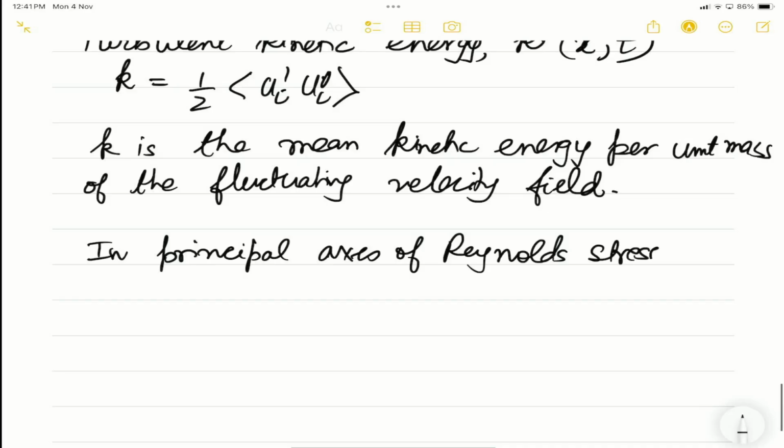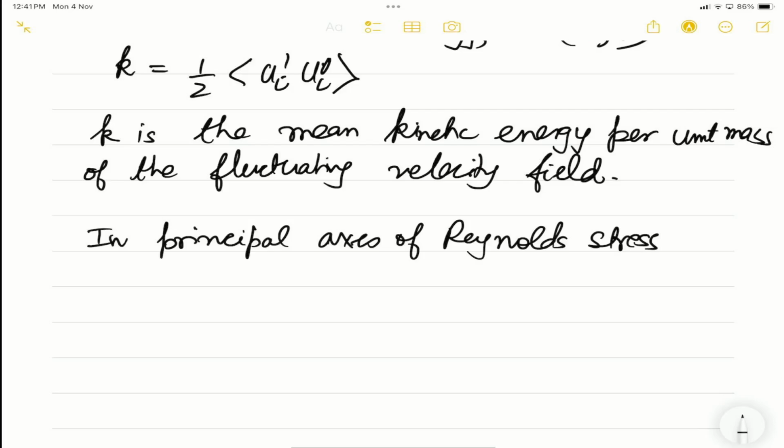So if we rotate the Reynolds stress tensor along the principal axis, what will be the values of the shear stress?